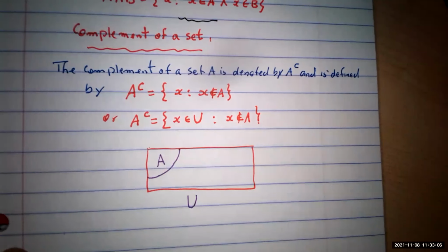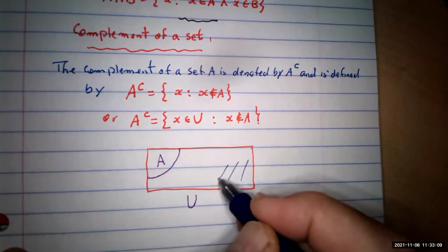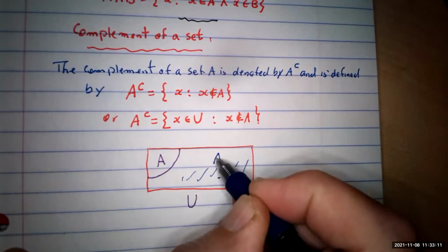So anything outside this set is going to be your A complement.